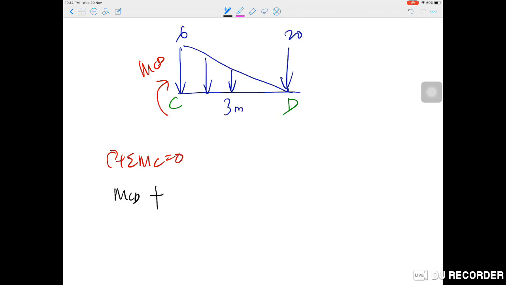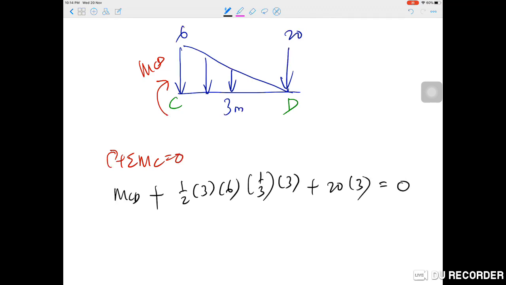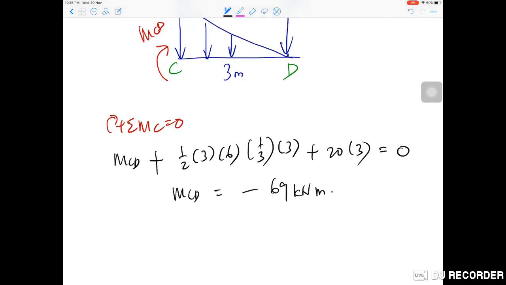The area is 1/2 times 3 times 6, and the centroid is 1/3 times the length 3. We add 20 times 3, and this is equal to 0. So MCD is equal to negative 69 kilonewton meter.